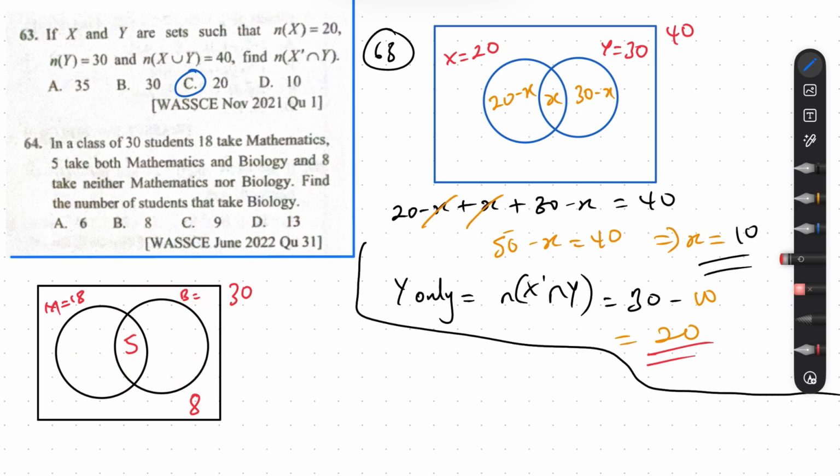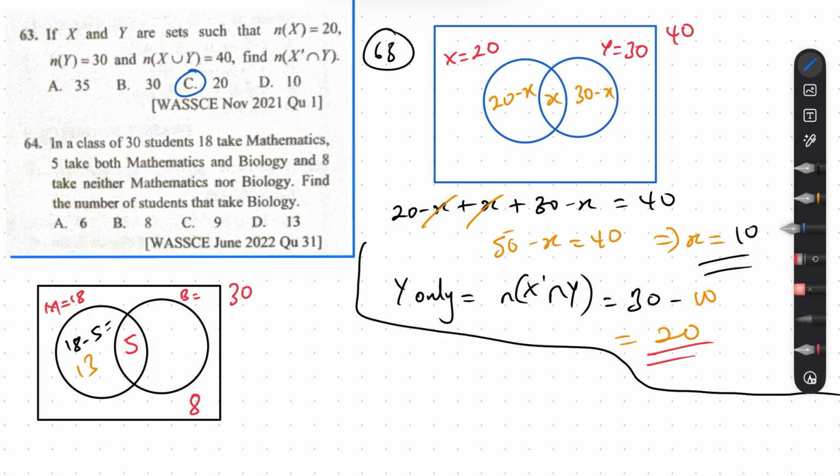So how do you find this area? This area is 18 minus the intersection. So 18 minus 5 should give us 13. So that area is 13. But here, this area, we don't know because we don't know the number of biology. So we can put X there.